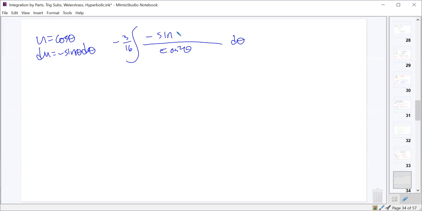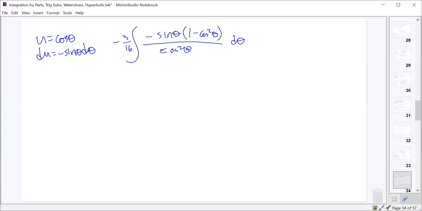I'm going to want to have as many cosines in there as I can, because I just need a negative sine theta d theta. So I was still left with a sine squared theta up there. Well, sine squared theta is 1 minus cosine squared theta, isn't it? So now that's going to allow me to turn this into 1 minus u squared du over u squared, which should be one that we can deal with pretty easily.